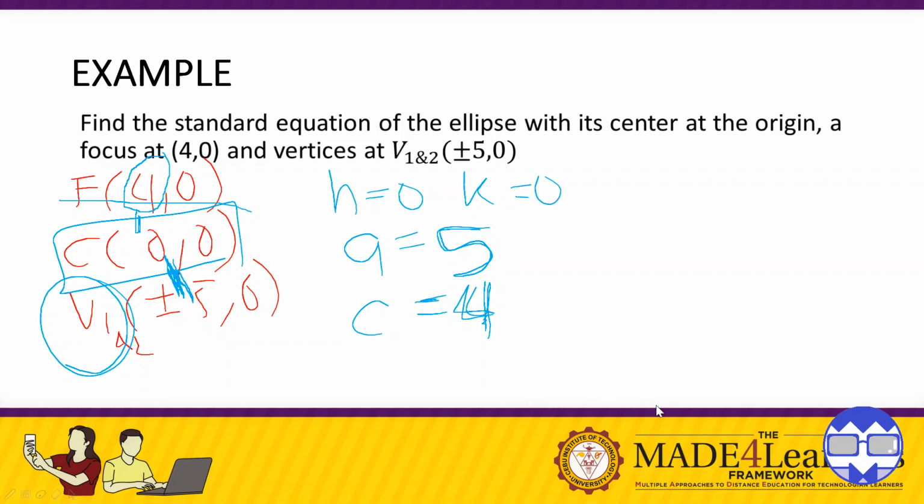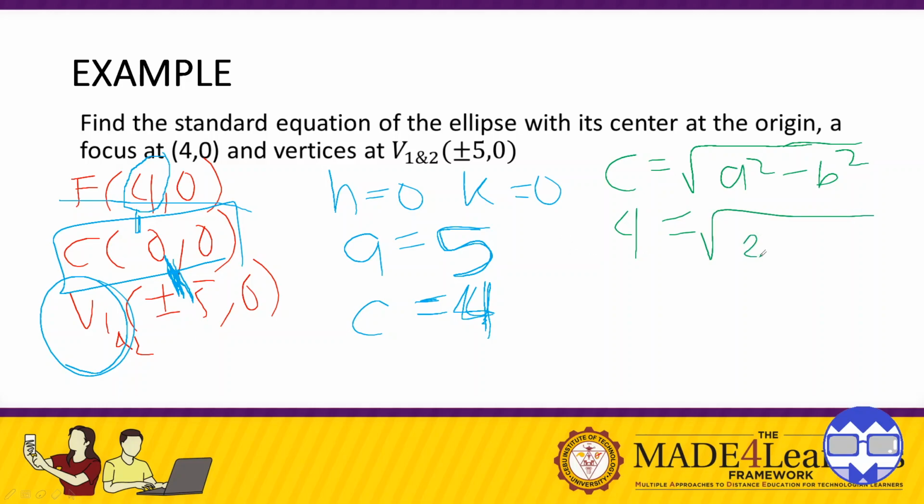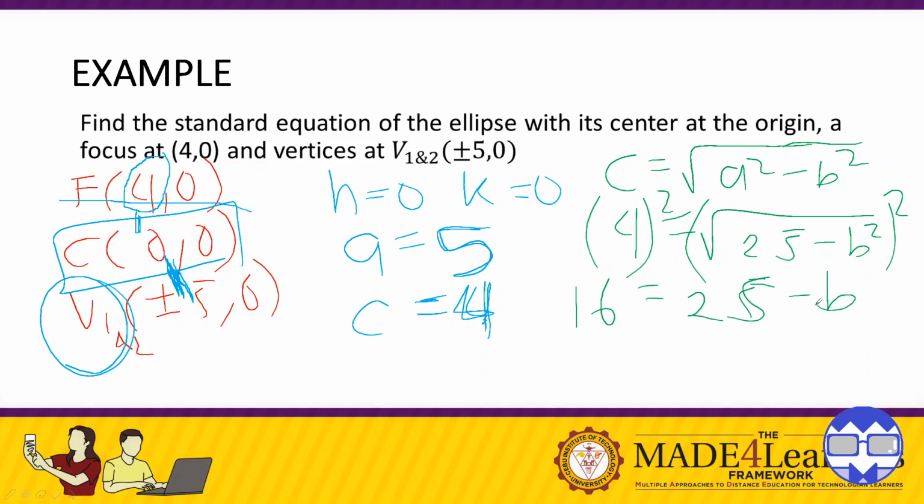To find b, we simply use the formula. Remember, c equals the square root of a squared minus b squared. We have a and c, so we substitute: c being 4, equals the square root of a squared, which is 25, minus b squared. Using algebra, square both sides: 16 equals 25 minus b squared.